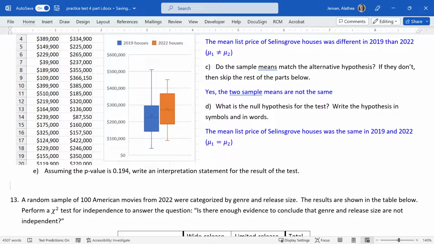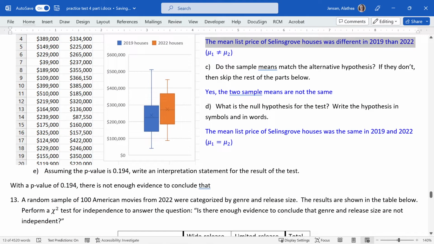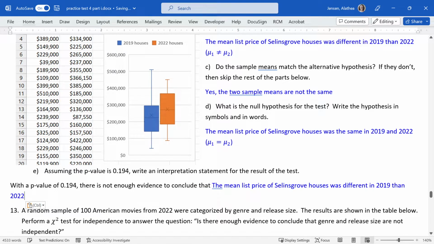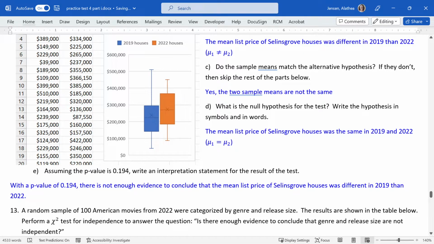So our interpretation here is going to be with a p-value of 0.194, there is not enough evidence to conclude that the mean list price of Selinsgrove houses was different in 2019 than 2022. Yeah, so basically the housing prices did not really change that much. It was only a 3-year period, so not too surprising.